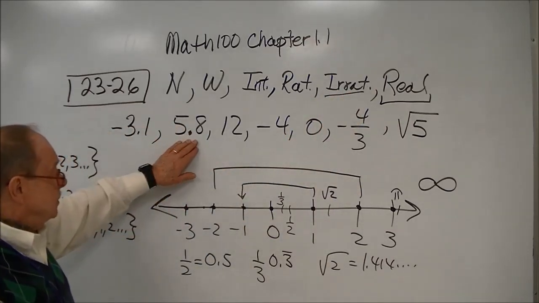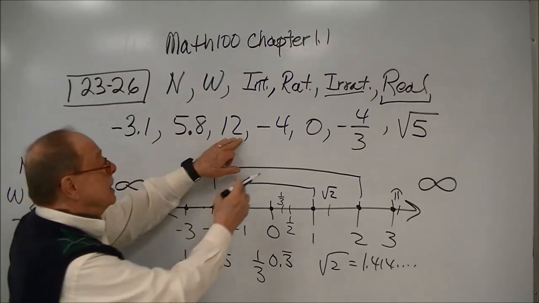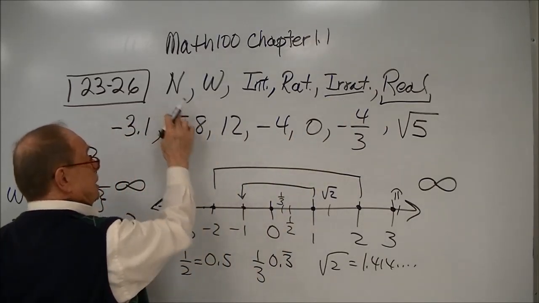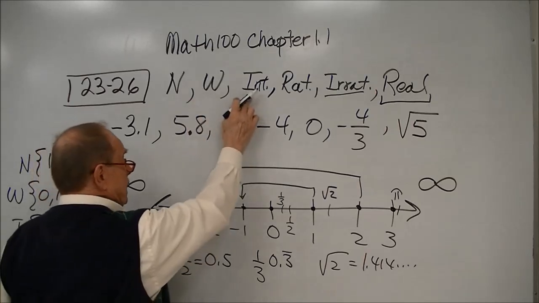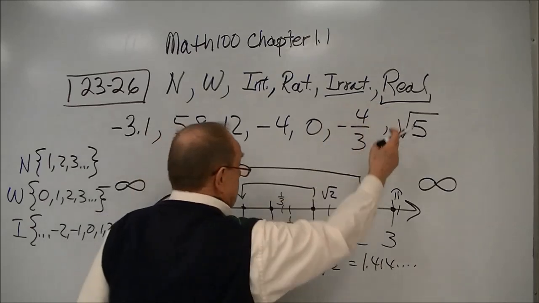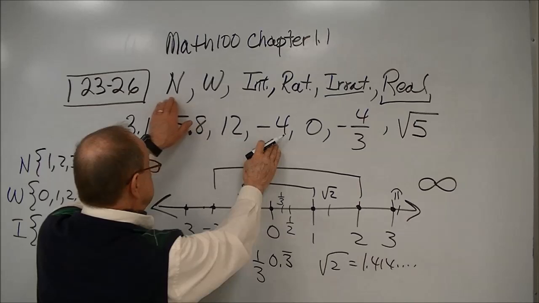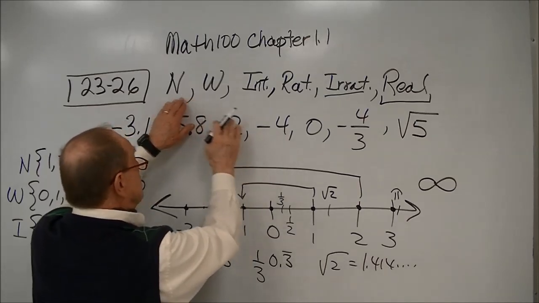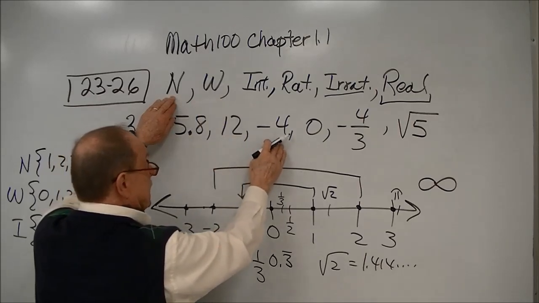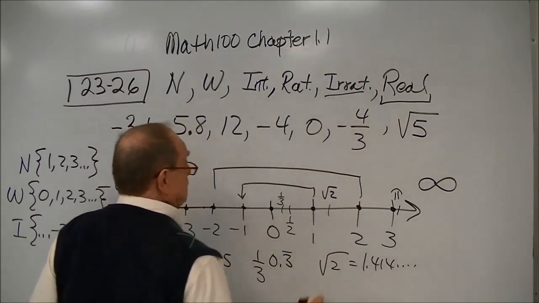That's the same for this one. But this one happens to be all of them except irrational. This is a counting number or a natural number, a whole number, an integer. It's also rational, and it's a real. Now this 4 is not these two, because negative numbers are not whole numbers or natural numbers, but it's an integer, and it's rational and real.